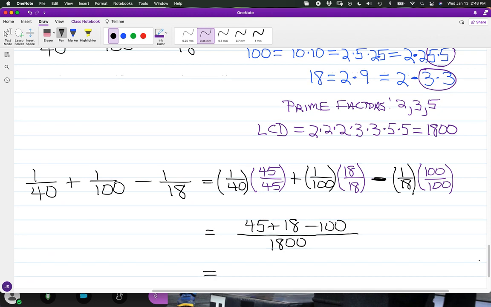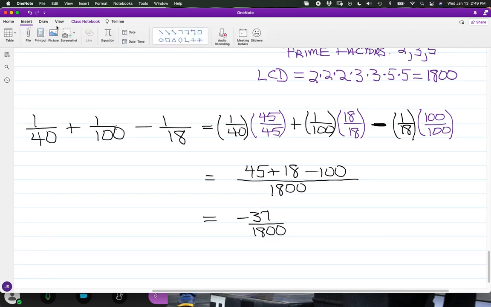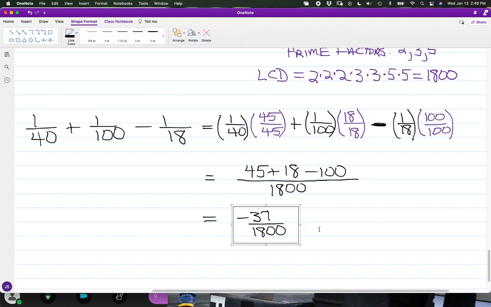And if we combine the numerators, you have 45 plus 18 is 63. And in turn 63 minus 100 is going to be minus 37. And so for the combination that we have here, we're going to end up at minus 37 over 1800.